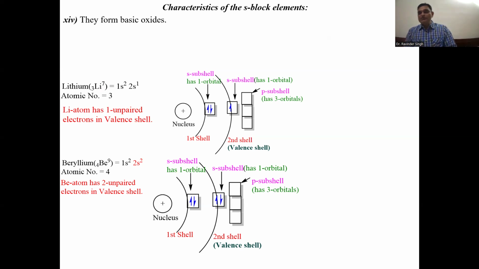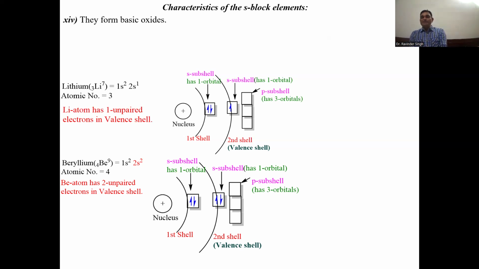S-block elements can form basic oxides after reacting, because they are metals. Any metal, when it reacts with oxygen, forms an oxide. Because they are reactive elements, as we already discussed, they react with oxygen and form oxides.